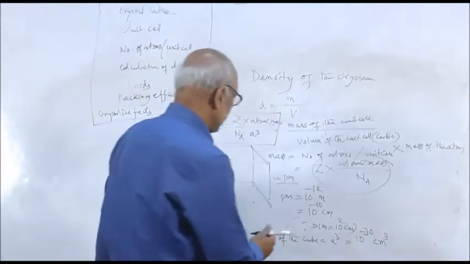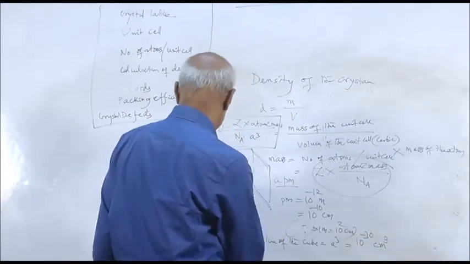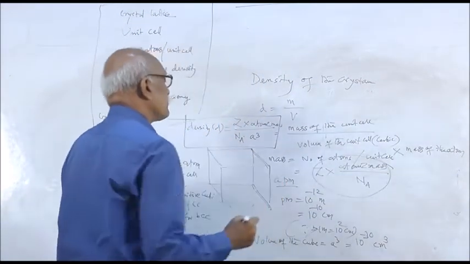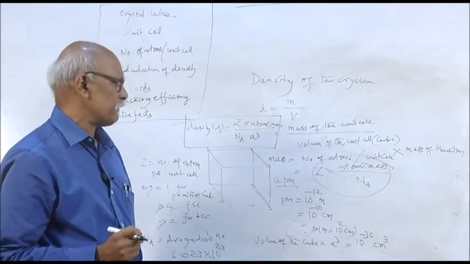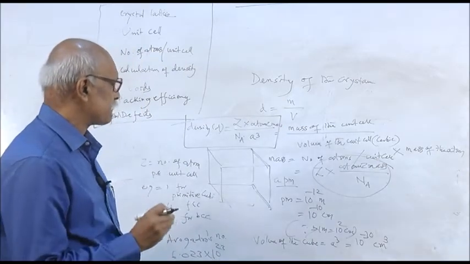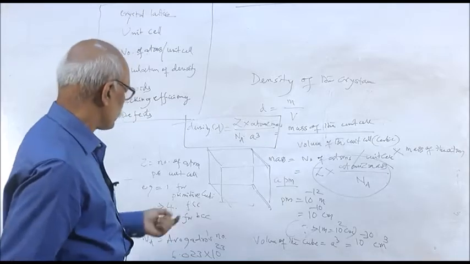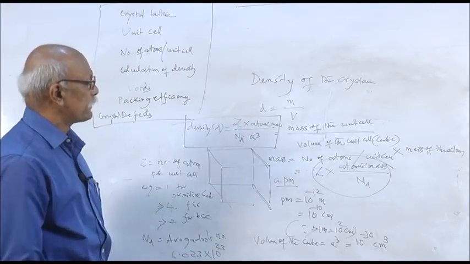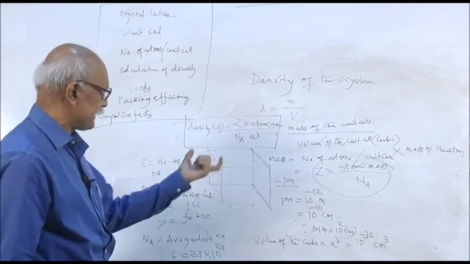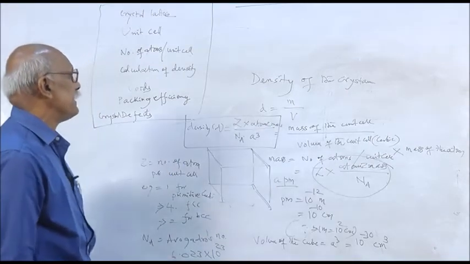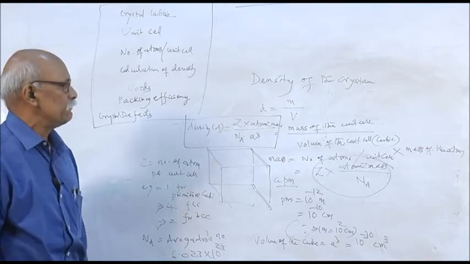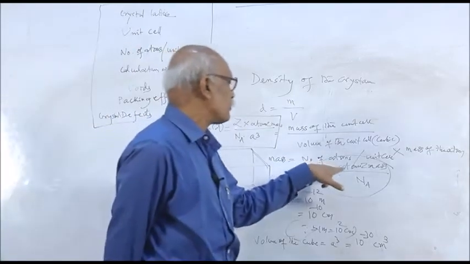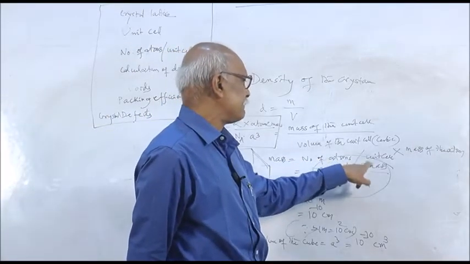In the form of gram per cc, you express the atomic mass in gram atomic mass. If you express it in kg, then your density will be in kg per meter cube, and atomic mass you can also express in kg.